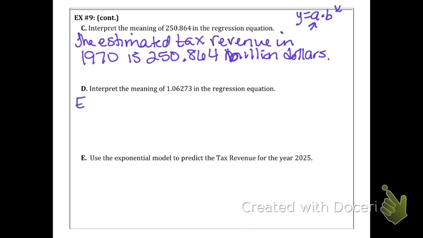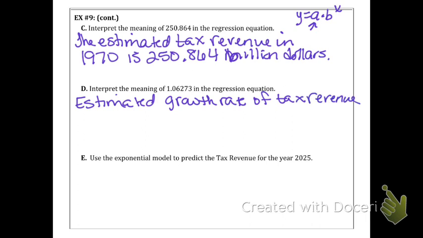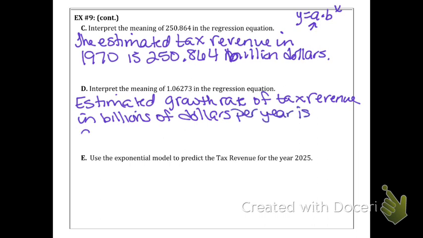So the estimated growth rate of tax revenue in billions of dollars per year is approximately 6.273%.